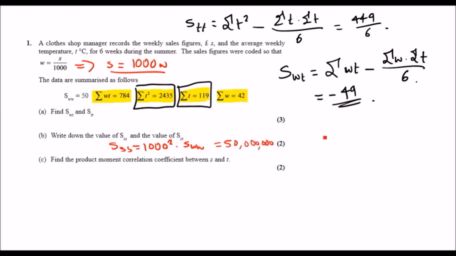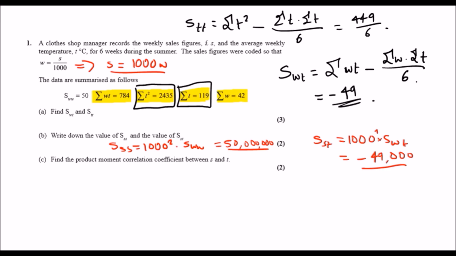So SST equals 1,000 times SWT. For a good mental recap, if you're using the same letter twice, then it will be a squared version. But if you're using a single letter with a known value, it will be once. It'll be power 1 because there's only one change in variable. And doing this should give you minus 49,000. And that's it. All good.